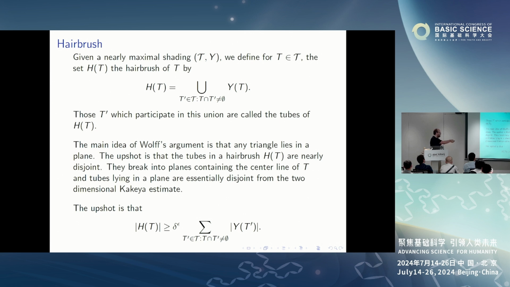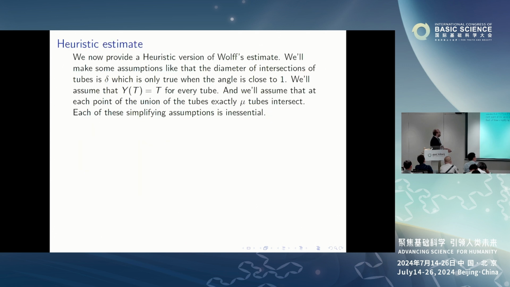Okay, so now I'm saying this again, that the measure of the hairbrush is essentially the same as the sum of the measures of the individual shadings of tubes in the hairbrush. Okay, so here comes a heuristic version of Wolff's estimate.